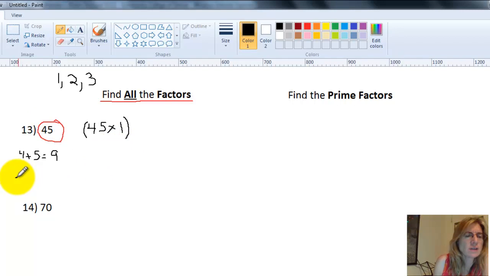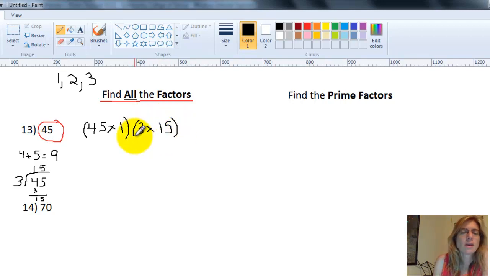Well, if you don't know off the top of your head, you have to do the math. How many times does 3 go into 45? 15. You have another set of factors. 3 times 15.